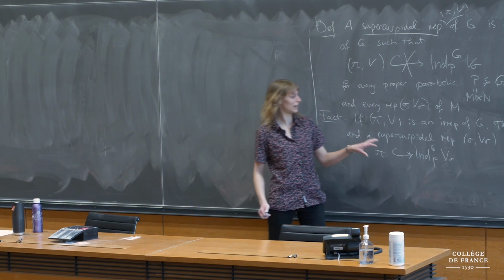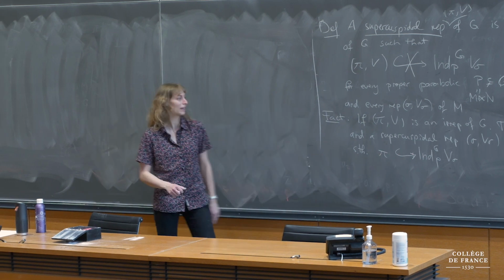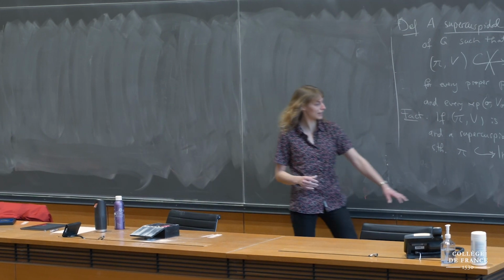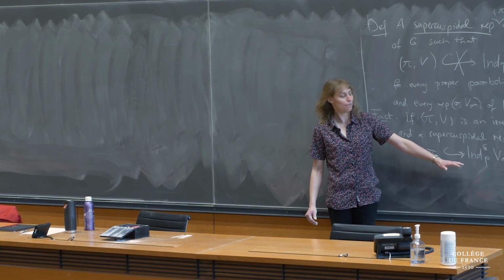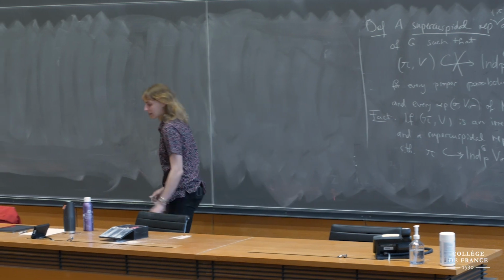The big question is, what are these supercuspal representations? That was our first goal, to construct all of them. And I want to show you some of them in a bit, but before I do that, I want to say a few words about how we can use this to describe the whole category of all representations.